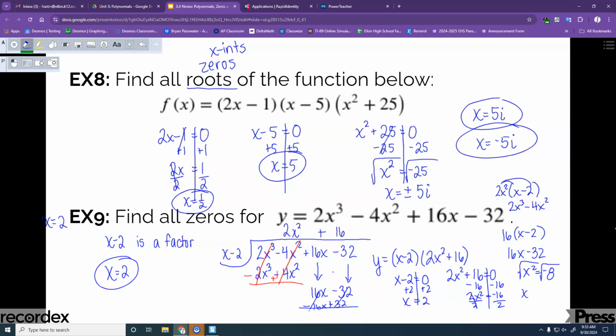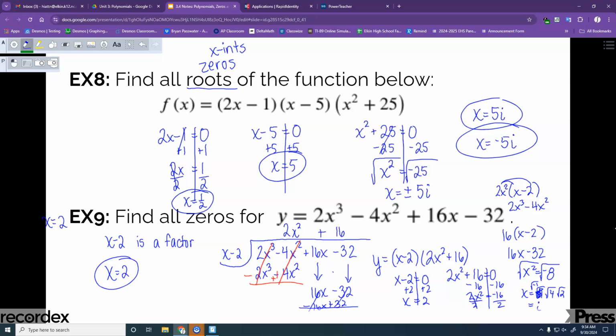And can I take the square root of negative 8? I cannot. I could break it down, though. I could make it square root of negative 1 times square root of 4 times the square root of 2. Let me just rewrite that, square root of negative 1. So square root of negative 1 is what? i.